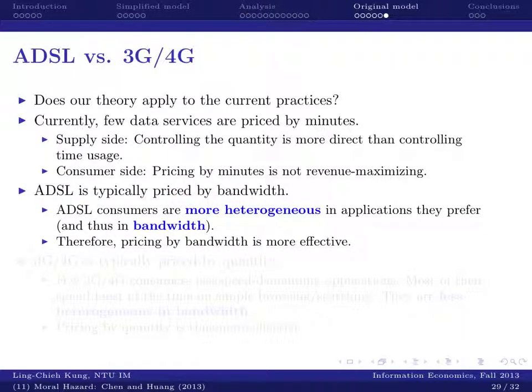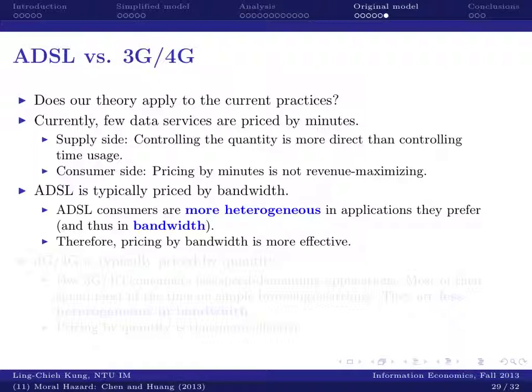ADSL is typically priced by bandwidth, at least these days, right? Why is this true? ADSL consumers are more heterogeneous in the applications they prefer, and that means bandwidth. All different people use ADSL at home. For me, I only use low-speed applications like email, Facebook, PTT.